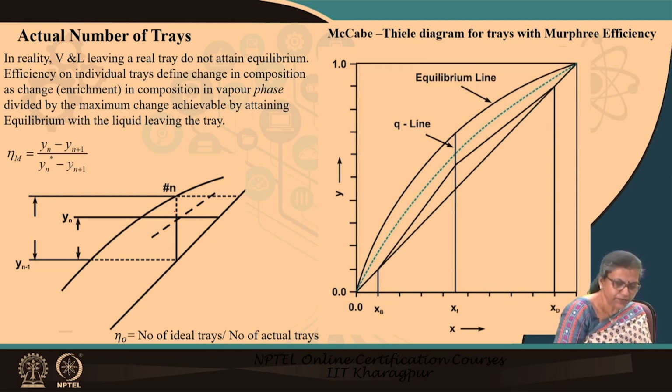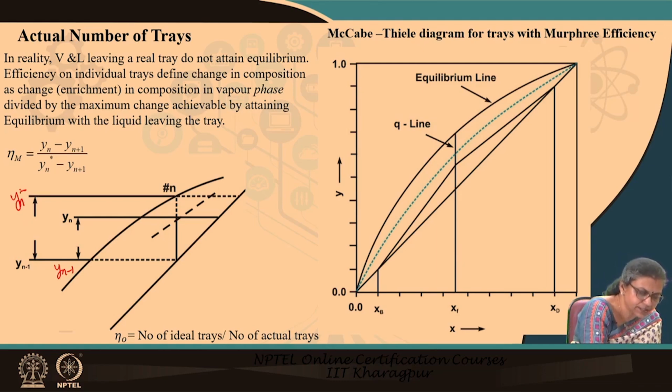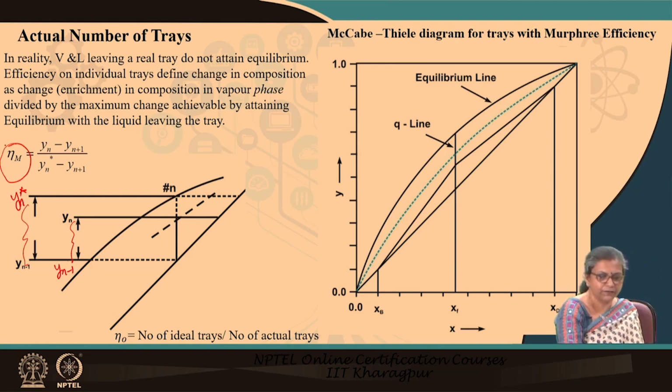Rather, we have a little lower mass transfer, right. So, for each tray, from yn minus 1, instead of going to yn star which lies on the equilibrium curve, actually the mass transfer happens till yn, and this particular ratio, this divided by this, is known as the Murphy tray efficiency.